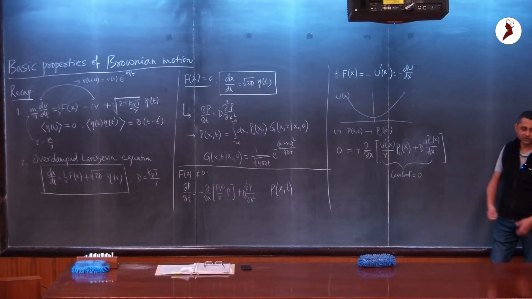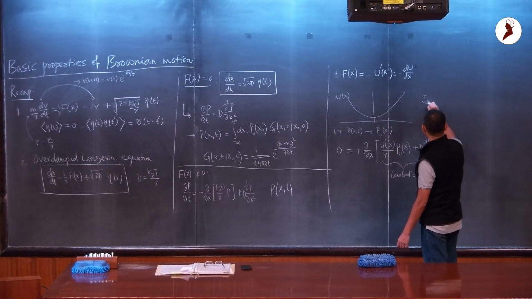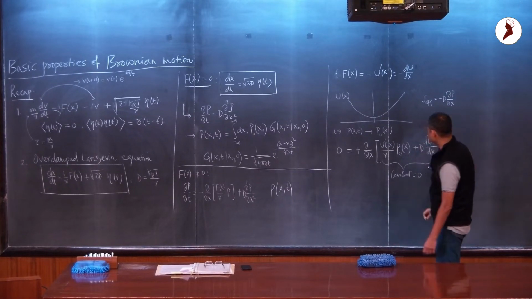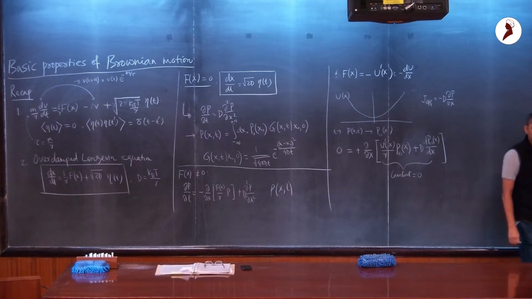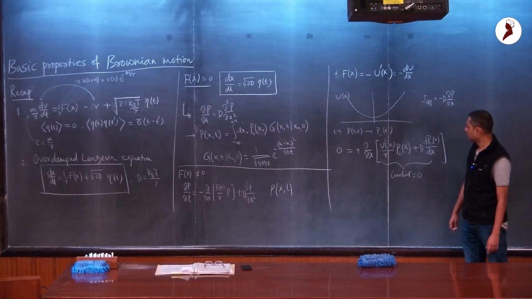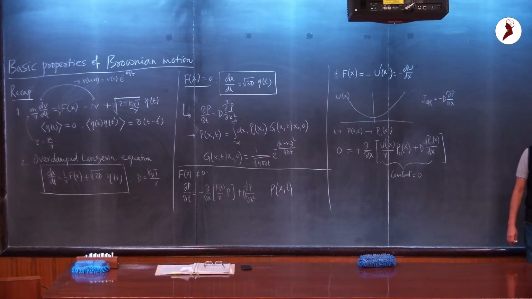Okay, so if you look at Fick's law, Fick's law has the current minus D del p del x. So that's the diffusive current. Okay, and minus of this guy is basically the drift current, right?